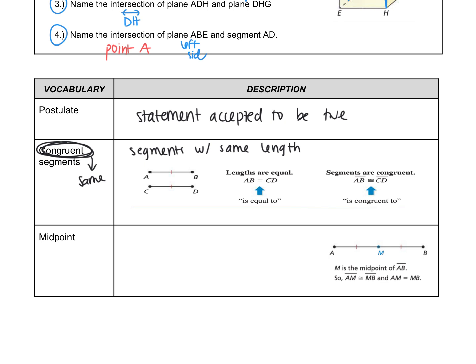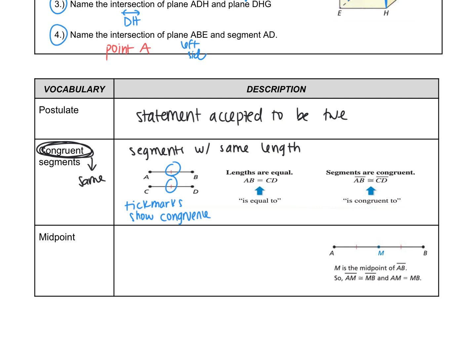Okay, here's what I need us to see from this figure. These tick marks show congruence. So those tick marks are conveying to us that the length of AB is the same as the length of CD. We say that lengths are equal. To put geometry notation in is what we have to the right.